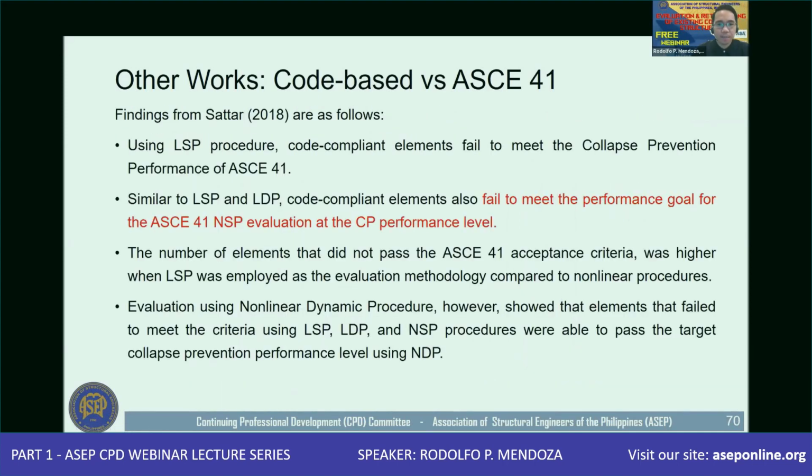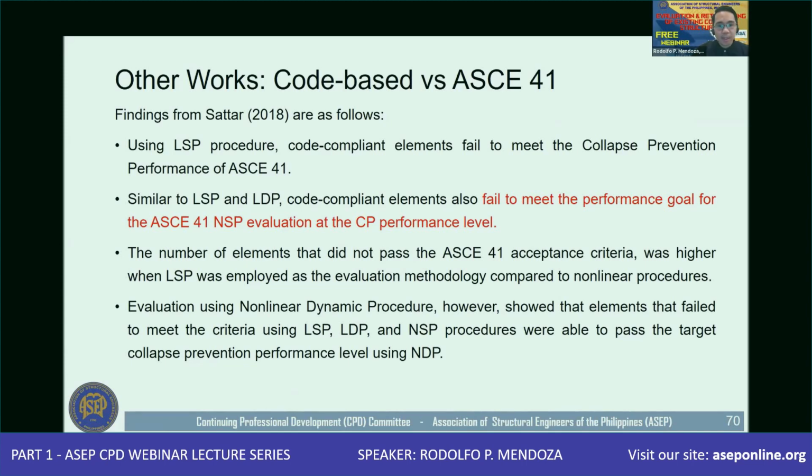The conclusion is that using the LSP procedure, code-compliant elements may fail to meet the collapse prevention performance of ASCE 41, which is similar to the result we have for that beam.